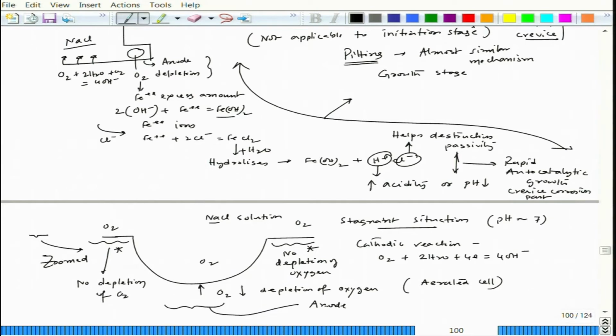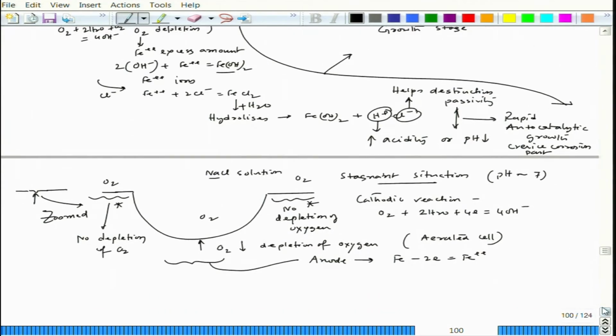Because it becomes anode, the anodic reaction would take place there. Now, in this small pit which has been zoomed, in a small segment we have Fe plus 2 and the rest of the part has a huge area.